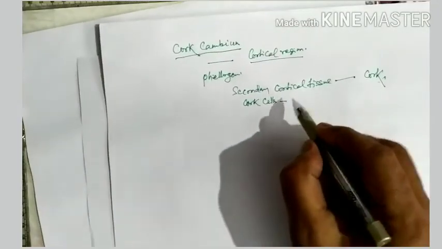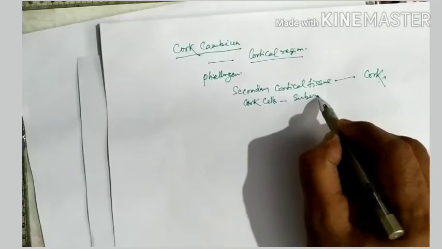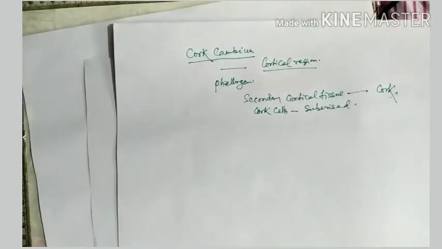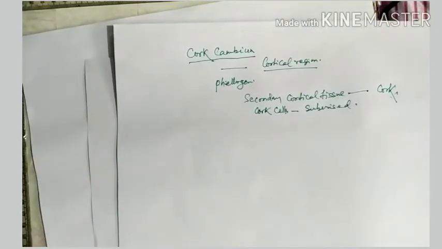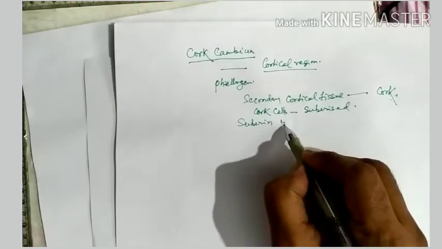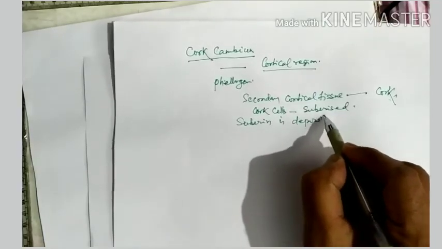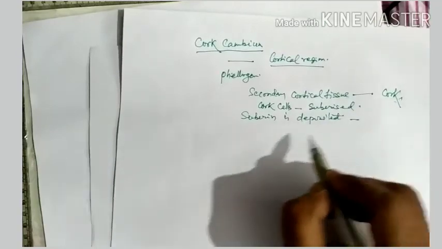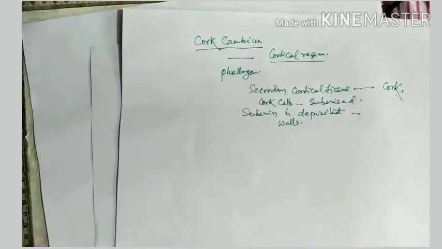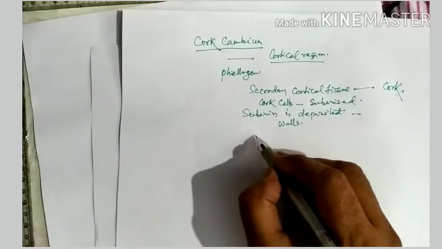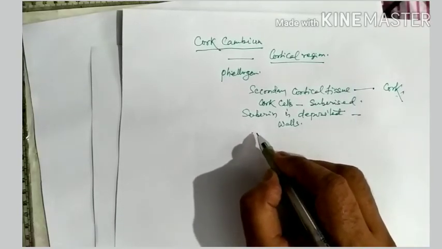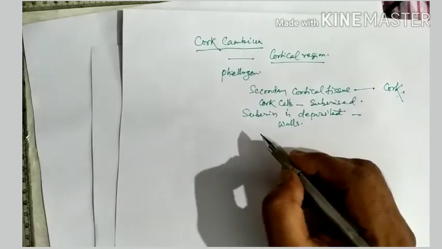Suberin is deposited in their walls. Due to deposition of suberin, these cells die; they do not last forever and become dead cells.